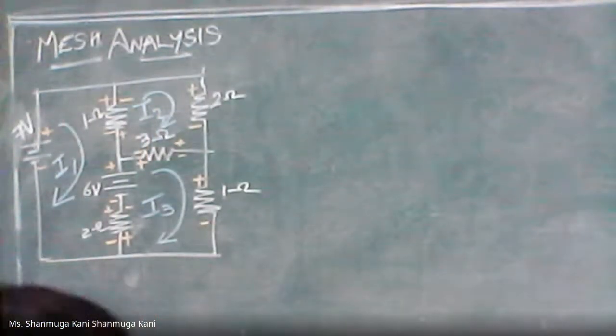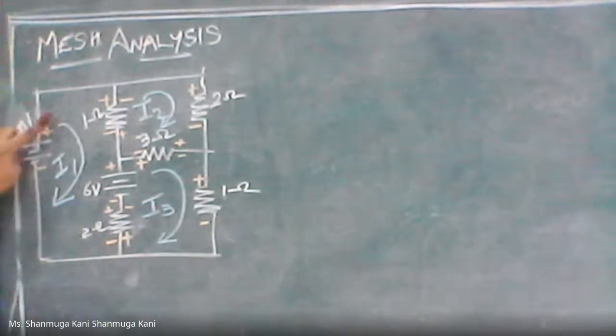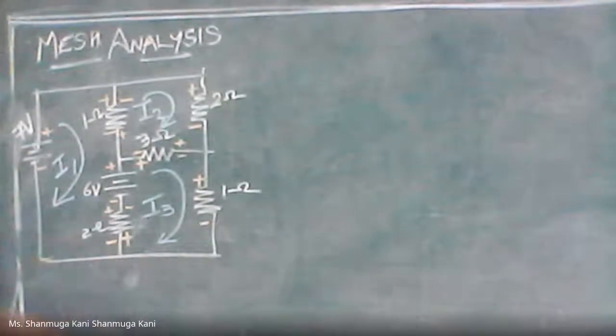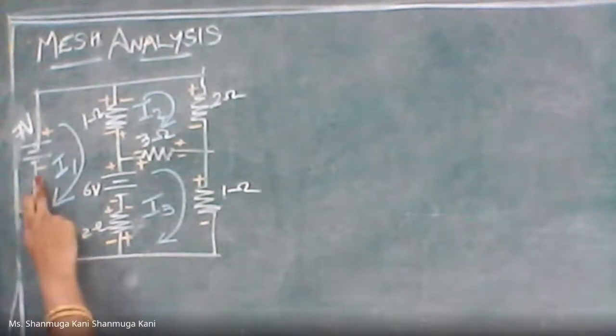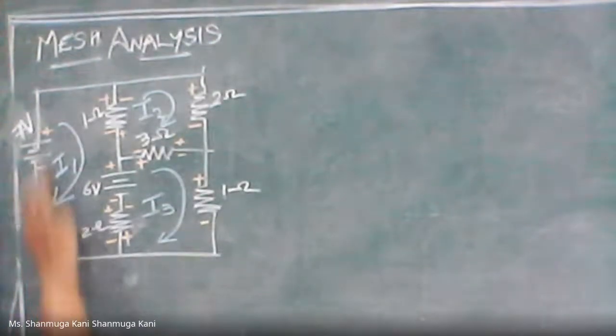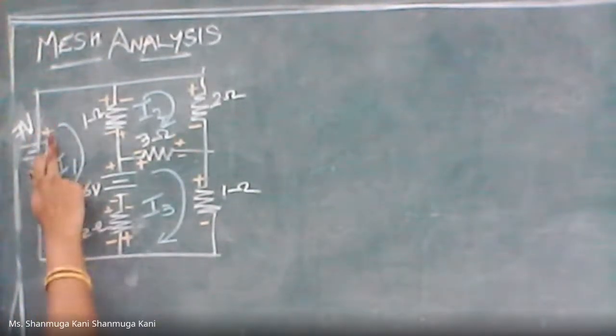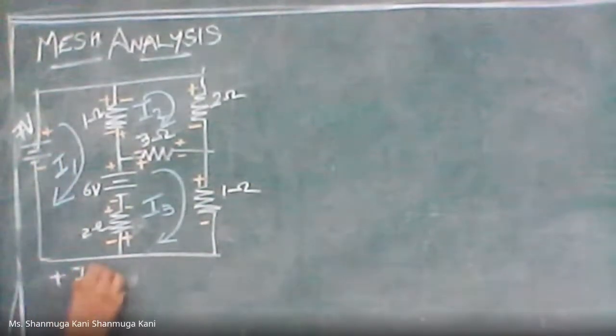Now we have to write the mesh equation. First we consider the first loop. Do you know how to write the KVL equation? First we consider our voltage. Voltage entering, leaving sign is plus, so it is plus 7 volt.